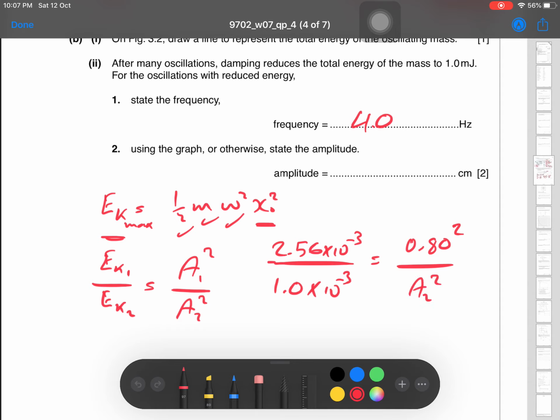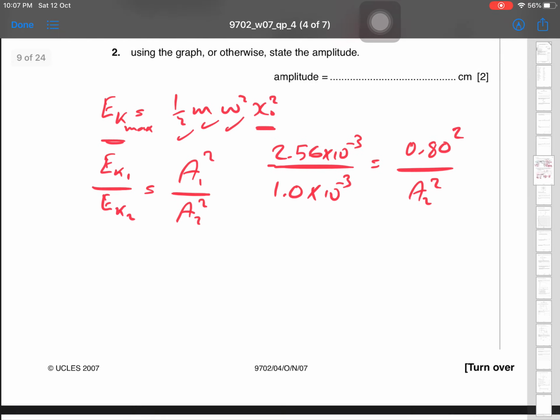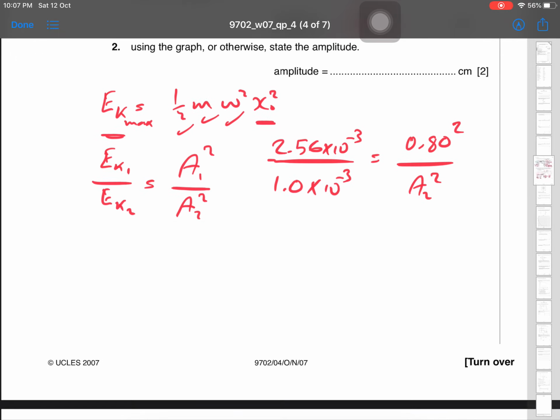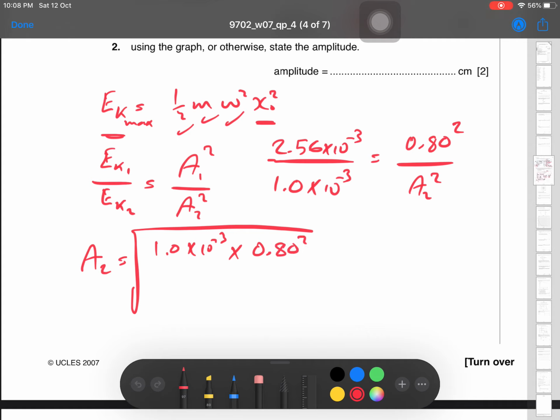We need to find amplitude 2. So amplitude 2 is equal to the square root of 1.0 times 10 to the power of negative 3 multiplied by 0.80 squared over 2.56 times 10 to the power of negative 3.